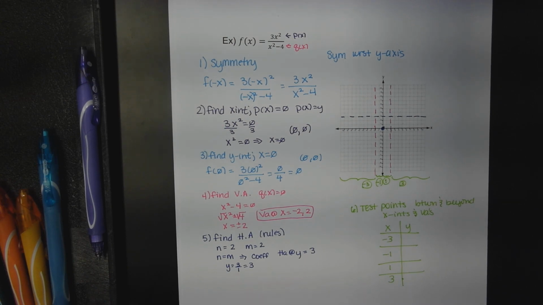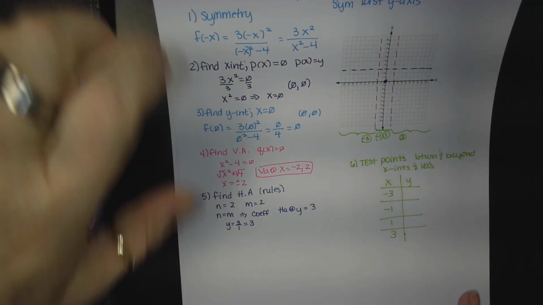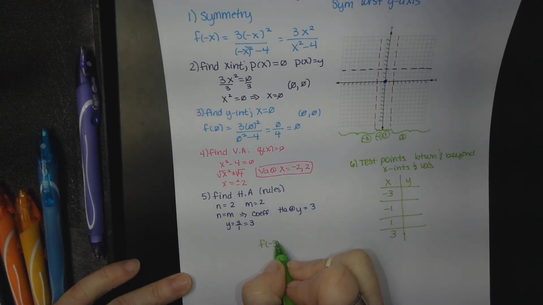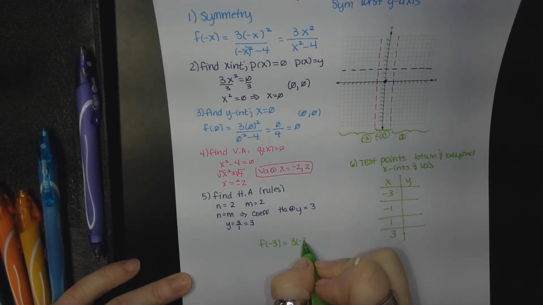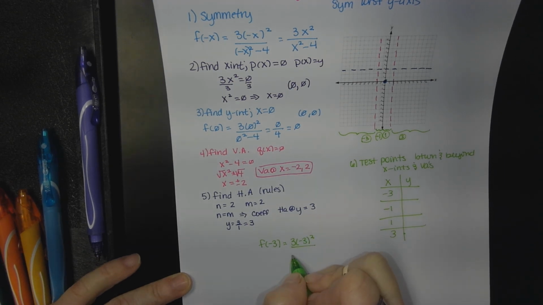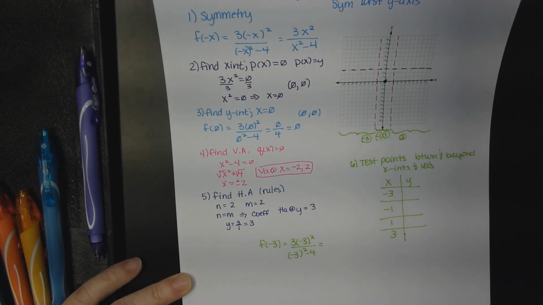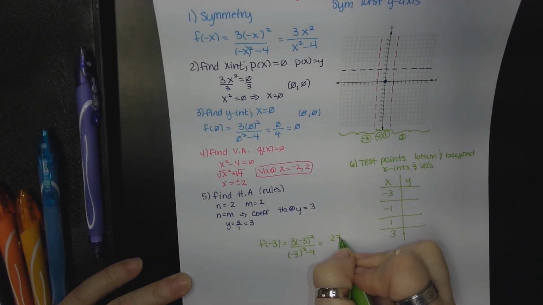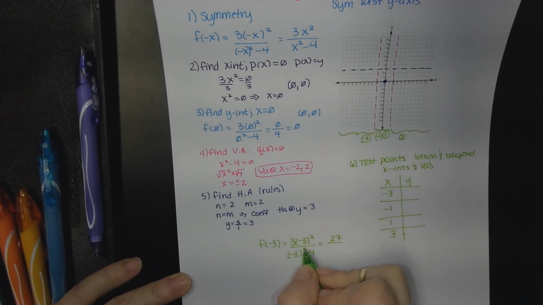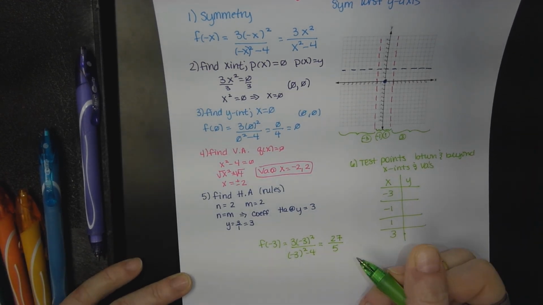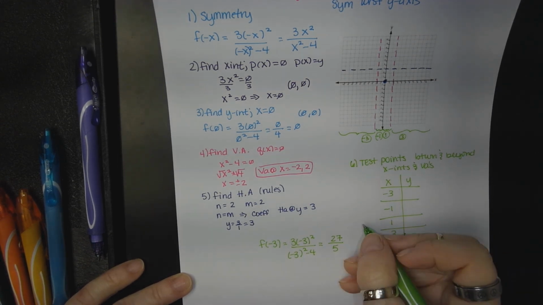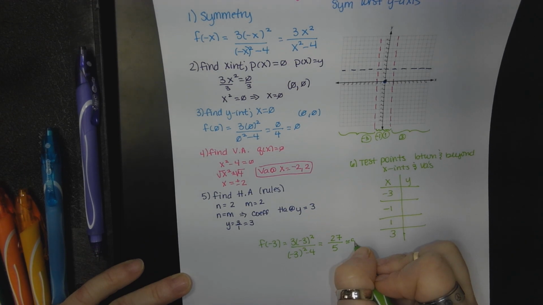So f of -3 equals 3 times -3 squared over -3 squared minus 4. That's 3 times 9, which gives me 27. 9 minus 4 is 5. Divide that, and that's going to give us approximately 5.4.